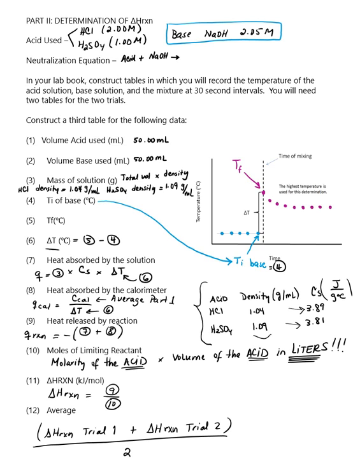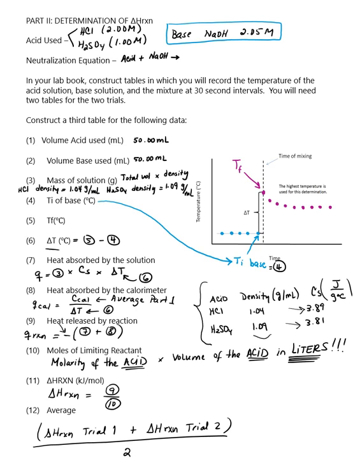That's why you have a negative sign right there in front. What you have in your parentheses is what you're calculating in number 7, which is the heat that the solution is absorbing, plus what you're calculating in number 8, which is the heat that the calorimeter is absorbing. So the total amount of heat that is absorbed by the surroundings gives you the amount of heat that the reaction is releasing. That's what you're doing in number 9.